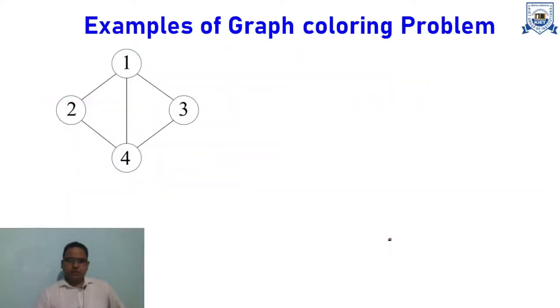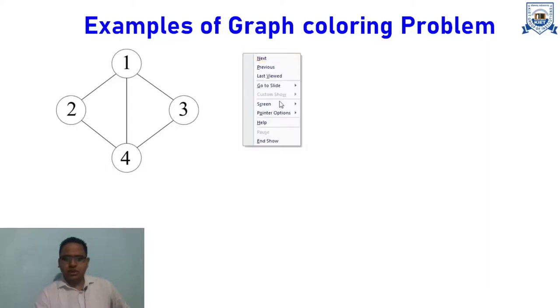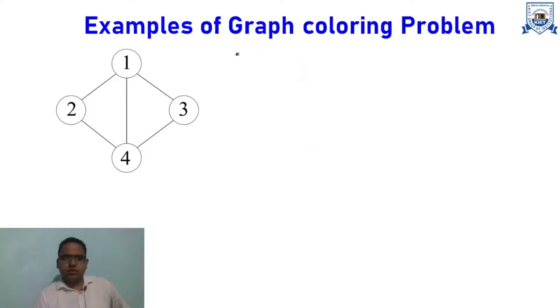Here you can see we have a graph having 4 vertices. Let's take the value of M as the number of colors. If we take 2, can we color this graph using two colors? It's not possible because all are adjacent, so it will disobey the rule.